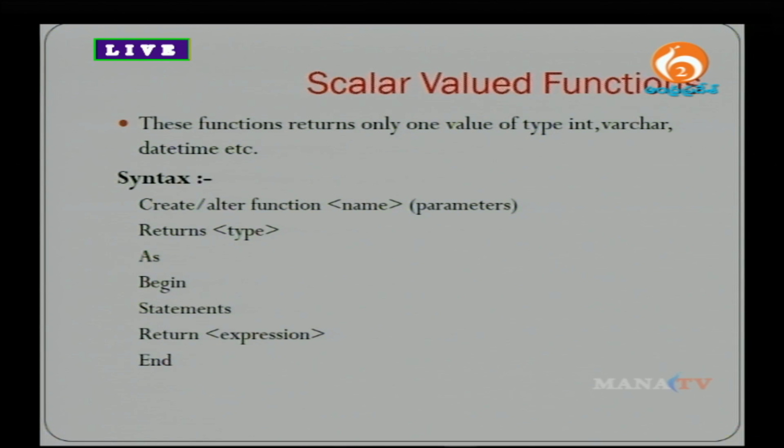Right. So these are the functions which we have to remember, where you can use either create or alter. Whenever you are creating for the first time, it is a create statement. Whenever you want to alter that, we have not discussed alter much, right. Alter is a pretty simple thing. You have created a table, or a procedure, or a function. The first time you don't have anything, so you create it directly.